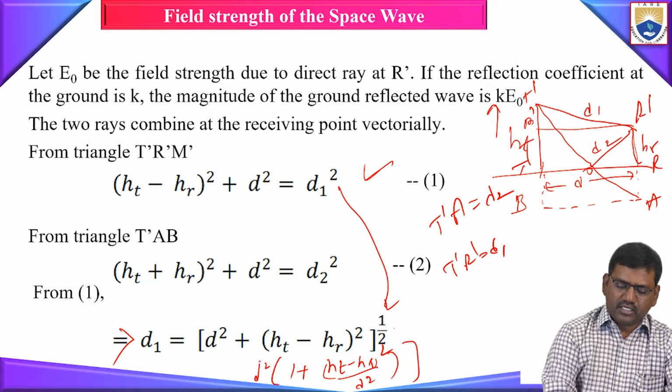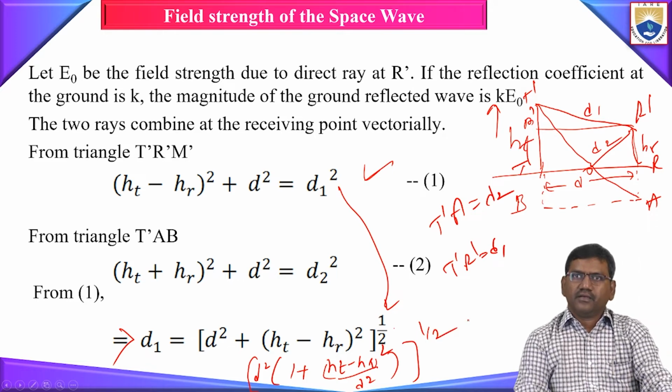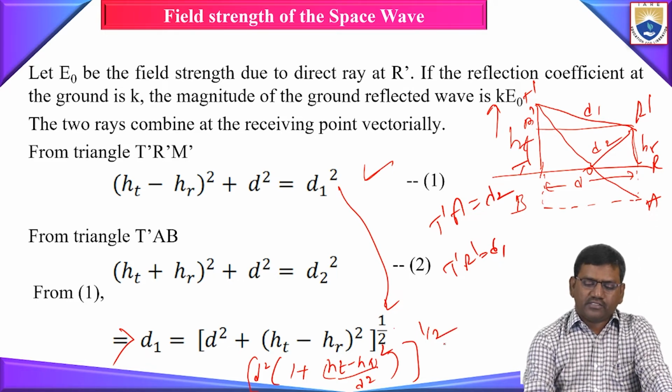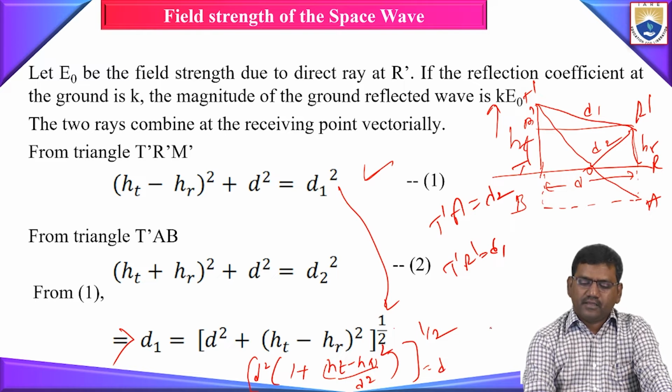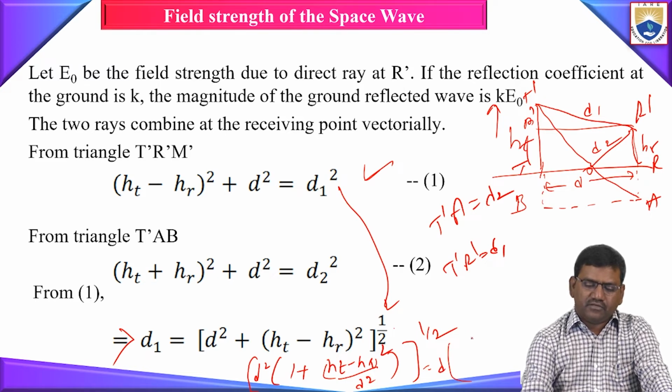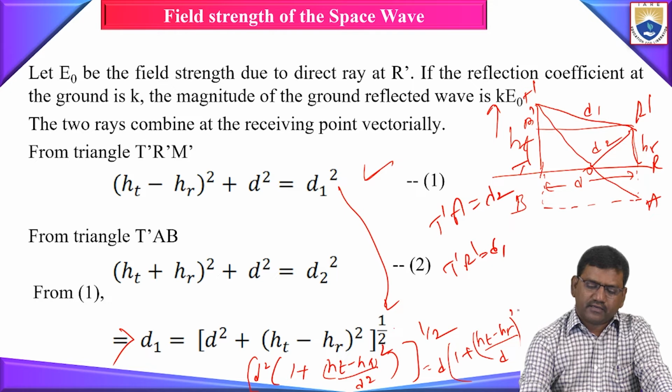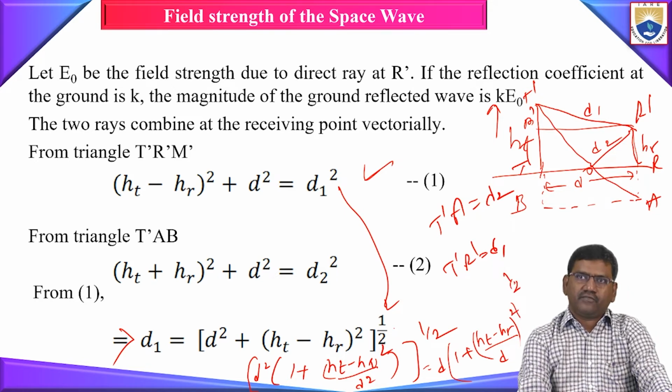For this total, we need to represent it as power half. So d square to the power of half, we will get only d. So we can write overall this as d into (1 plus ((HT minus HR) by d) whole square) whole power half.